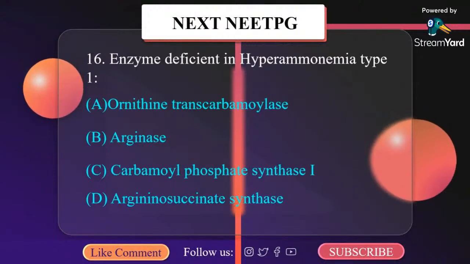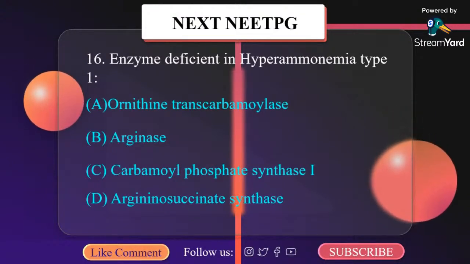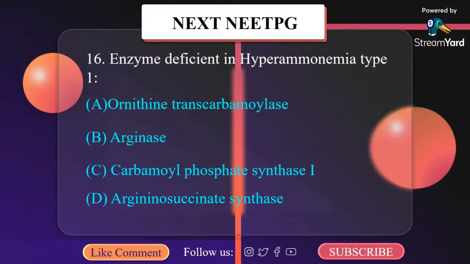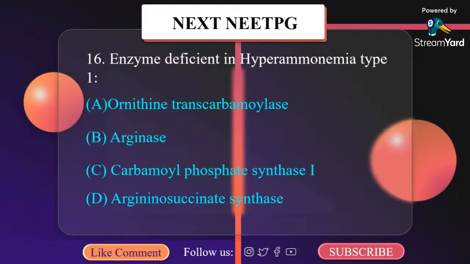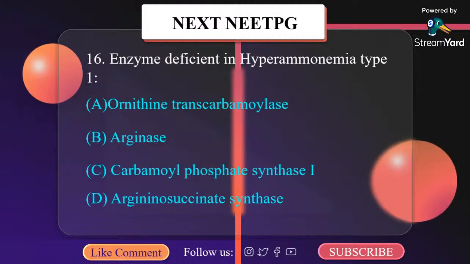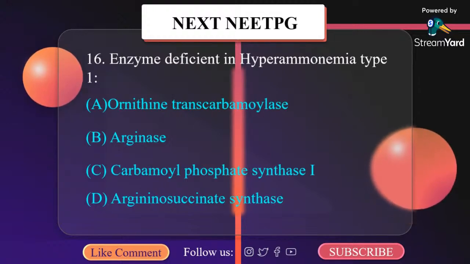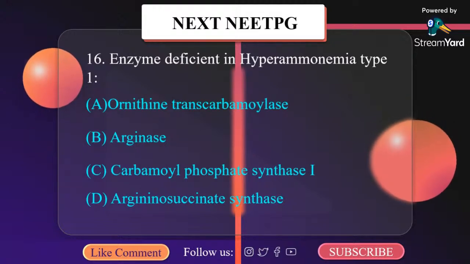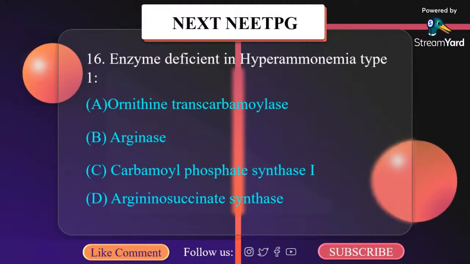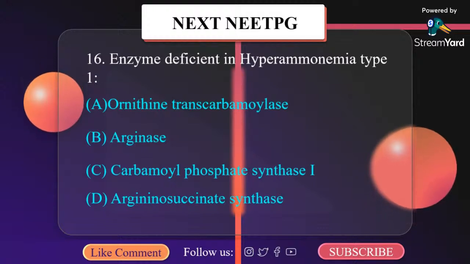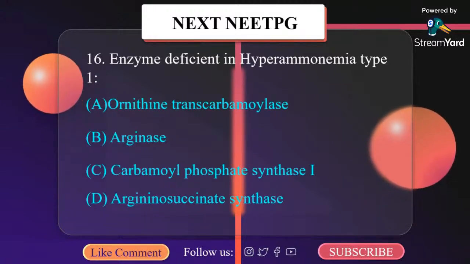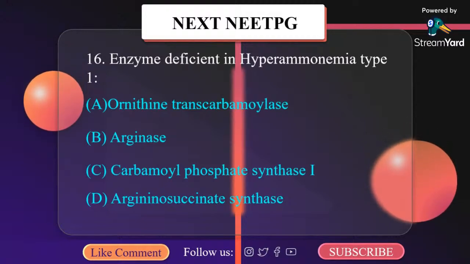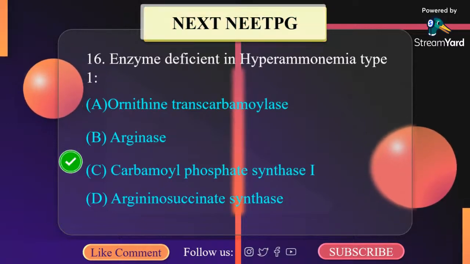The enzyme deficient in hyperammonemia type 1 is A. Ornithine transcarbamylase, B. Arginase, C. CPS1, D. Argininosuccinate synthase. So the correct answer is carbamyl phosphate synthase.